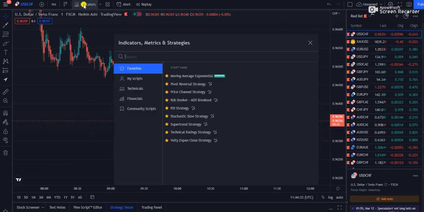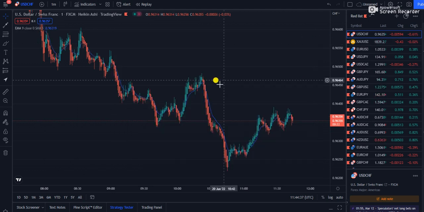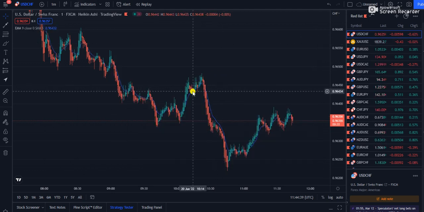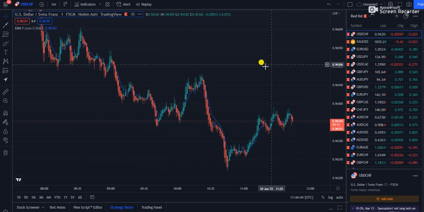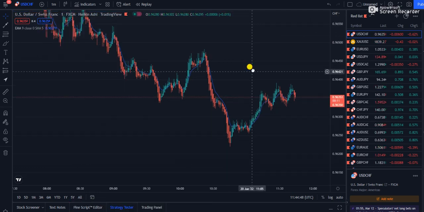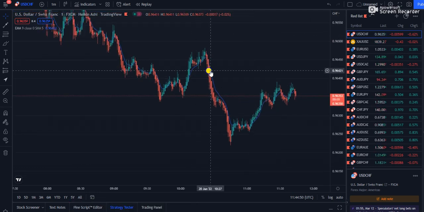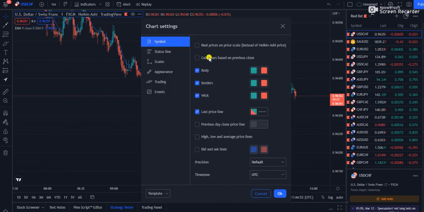Okay, so let's talk about the indicators. First of all, you will be using the moving average exponential, and when you attach it on the screen, you need to go into the settings. Let me fetch the settings again because there was some error. So let's go to settings.